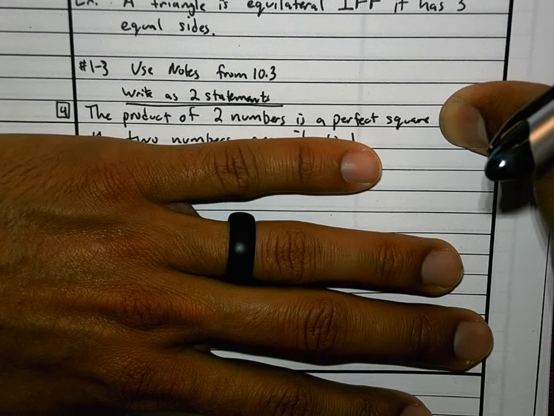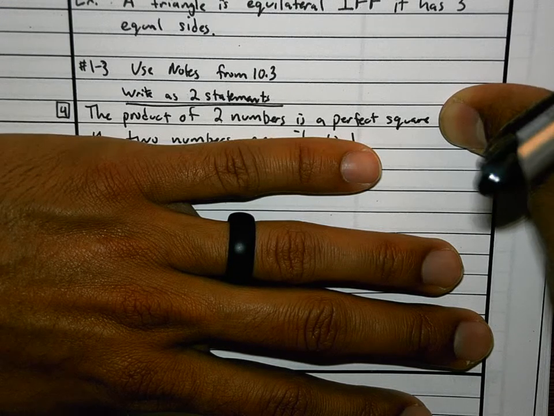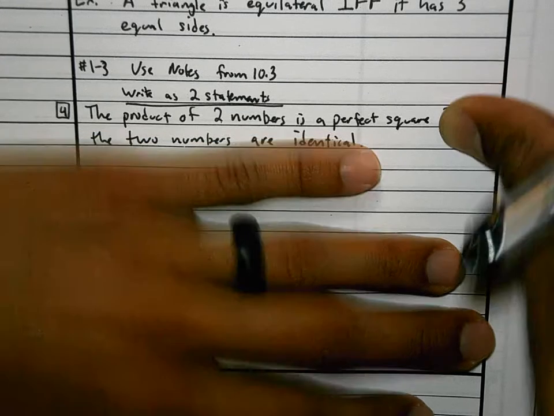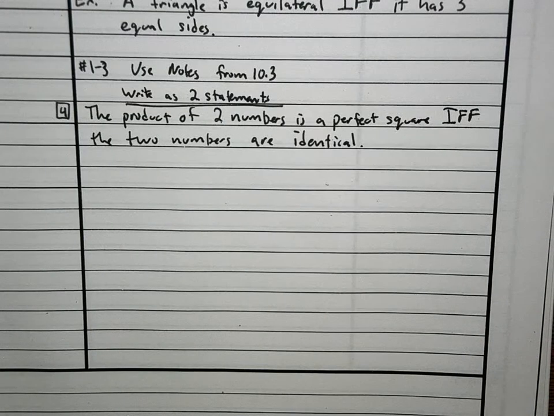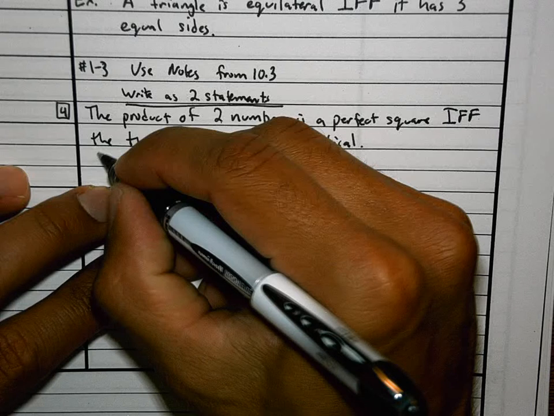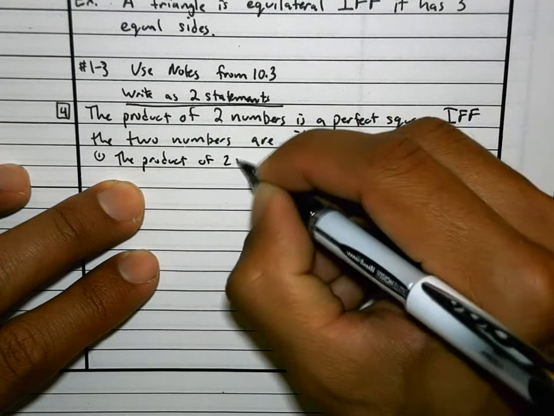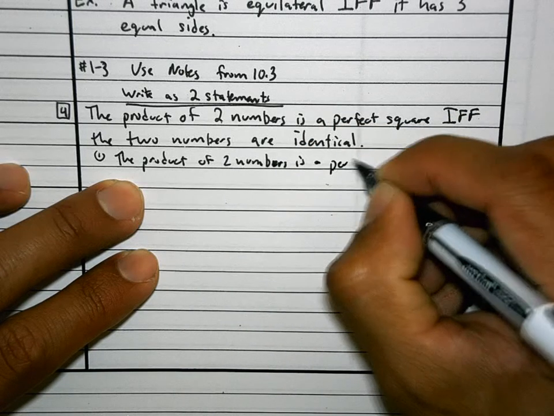The product of 2 numbers is a perfect square. That's your first statement. That's statement number 1. So what's statement number 2? The 2 numbers are identical. All you're going to have to do is write out 2 sentences from the biconditional statement. Sentence number 1: The product of 2 numbers is a perfect square.